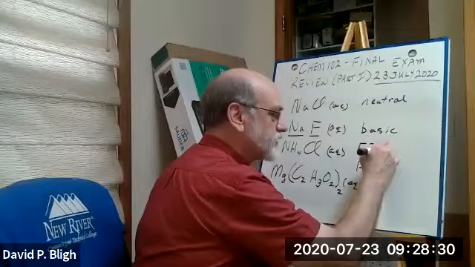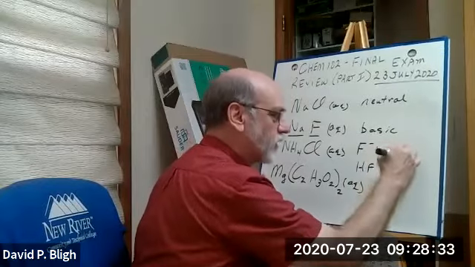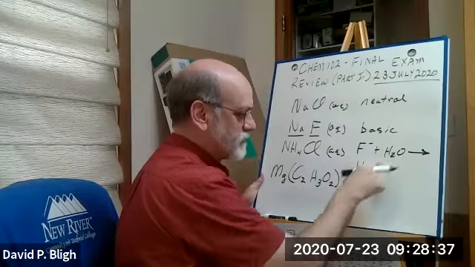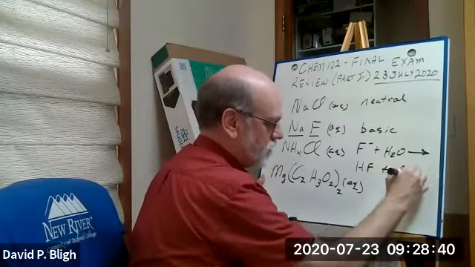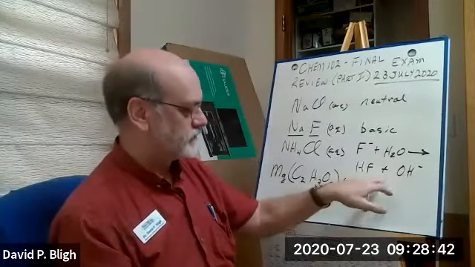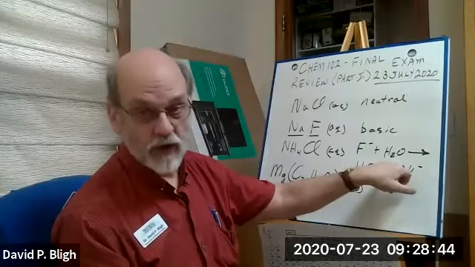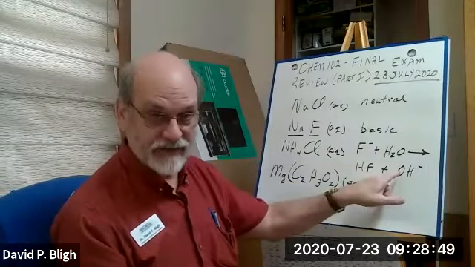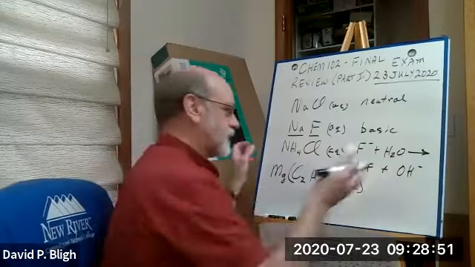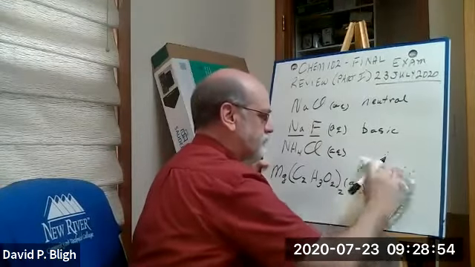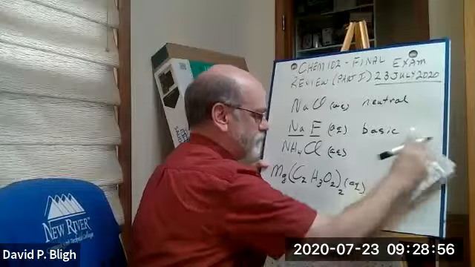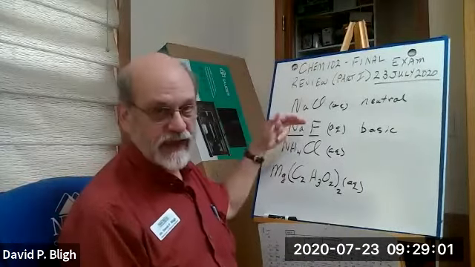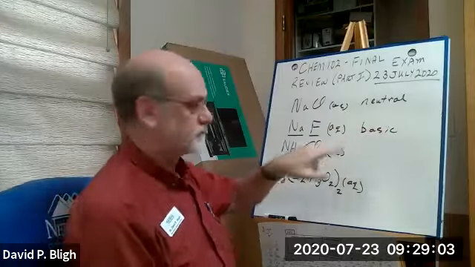So what it does is when you put that in solution, it reacts with water, produces HF and hydroxyls, right? Hydrogen, hydroxyl makes water. So this is left over from that reaction. That's why it's basic. But back to our rule of thumb. If the salt is formed from a strong base and a weak acid, you get a basic solution.